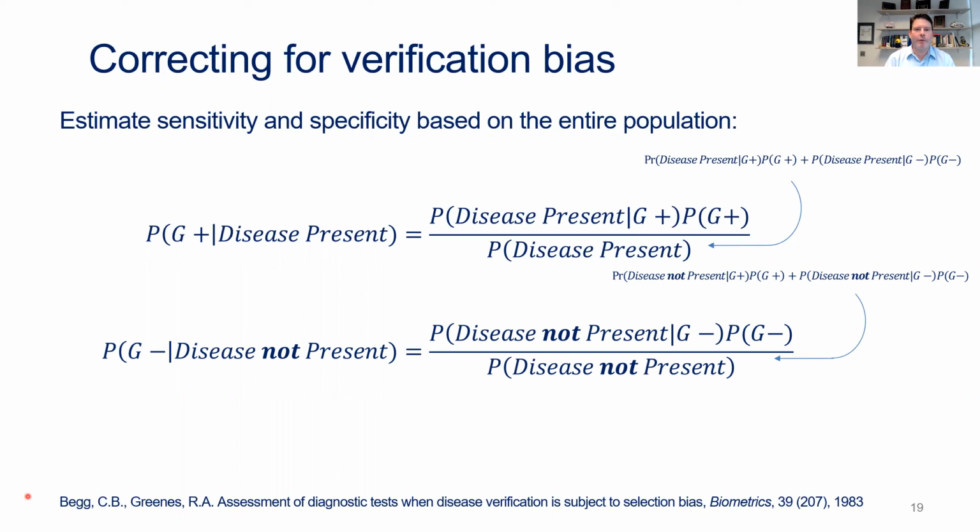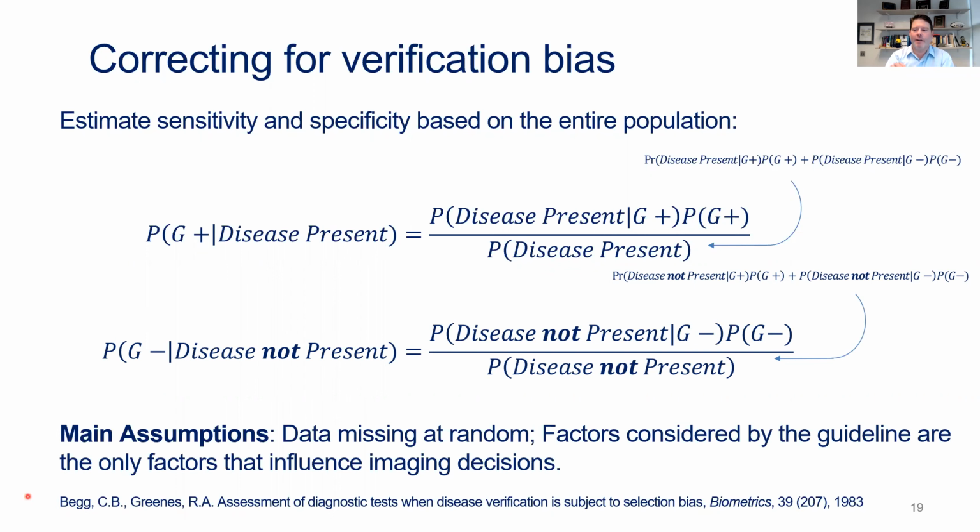Now, this doesn't come for free. Of course, there are some assumptions in here. One assumption is that the data is missing at random. And I don't mean completely at random. If people were randomized to imaging and non-imaging, we wouldn't have to worry about any of this as long as we had a reasonable sample size.